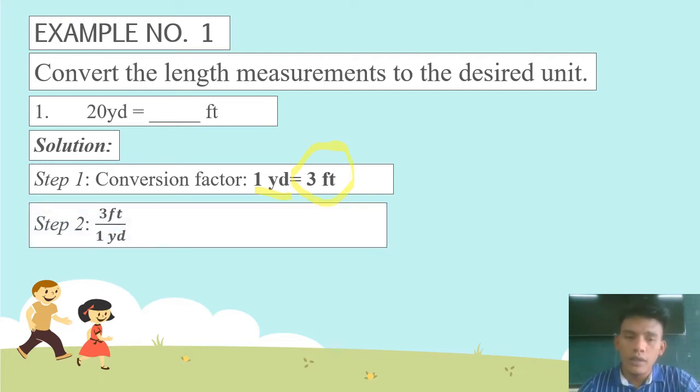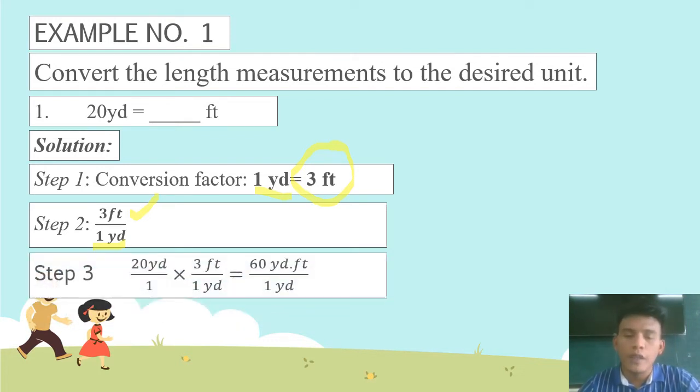Step 2, 3 feet over 1 yard. Why is it that 1 yard will be put at the denominator? Because we need to cancel out yard over yard so that we can get feet. So the result will be feet.